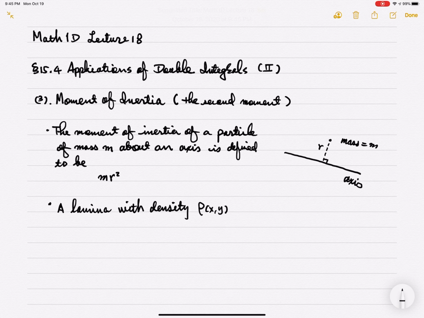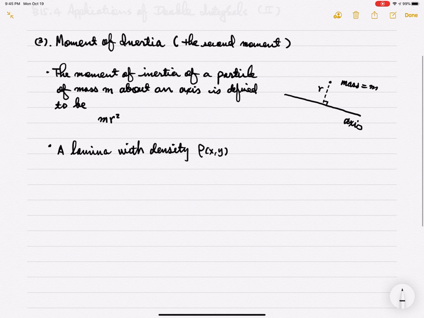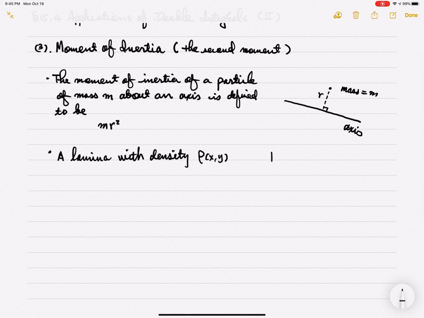Suppose there's a lamina like this in a two-dimensional space. Of course, this lamina can be any kind of shape. Suppose we say this is D, and any point inside of this is x, y. So we have the density function.